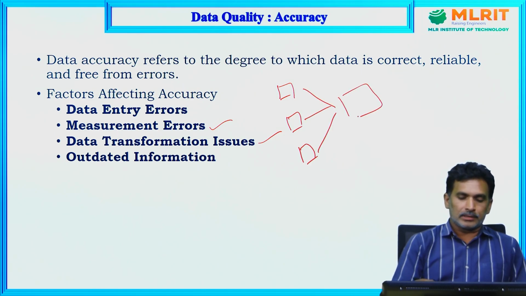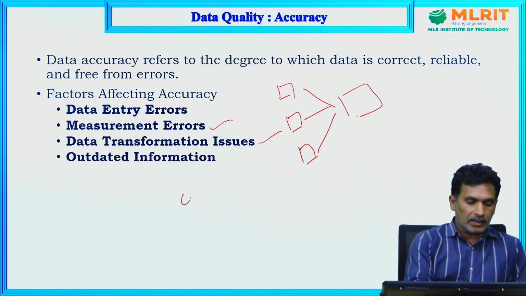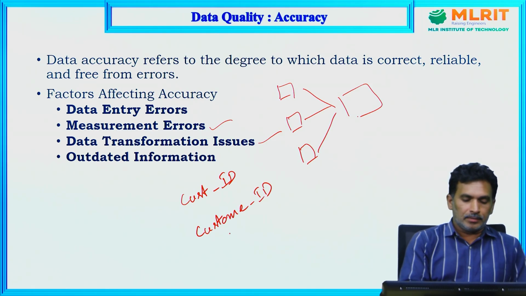For example, in one database we have an attribute called customer ID, and another database has the same attribute with the name customer ID.